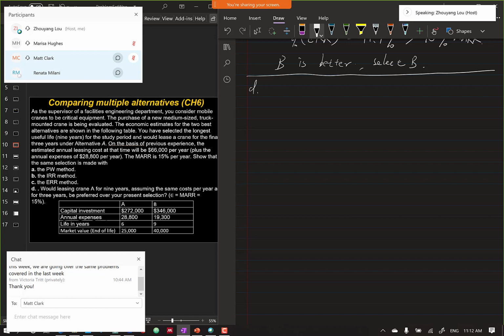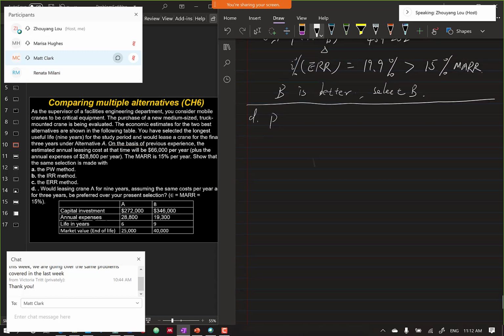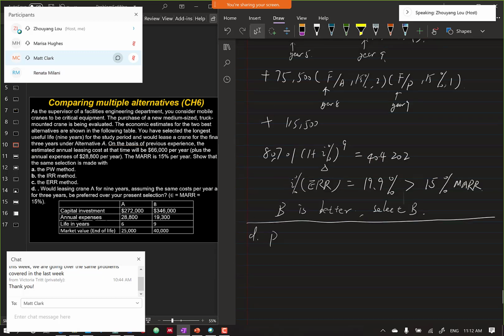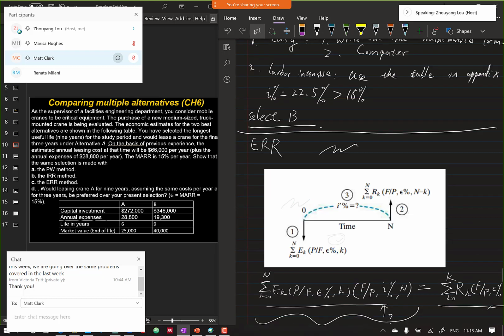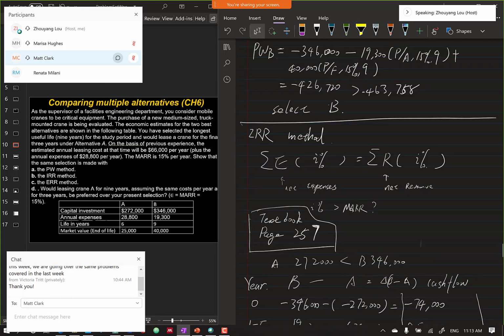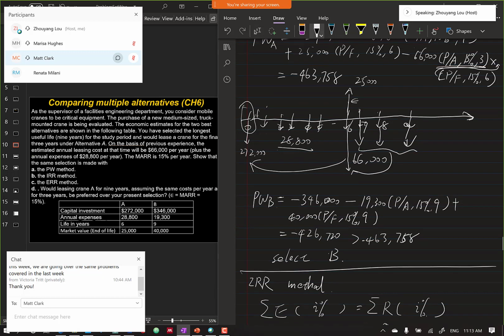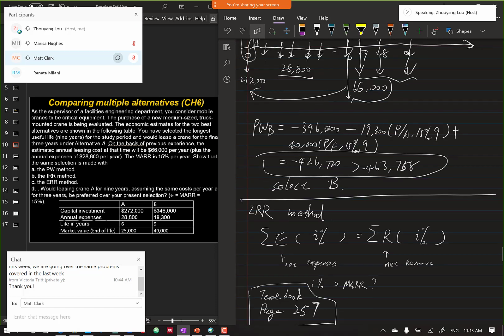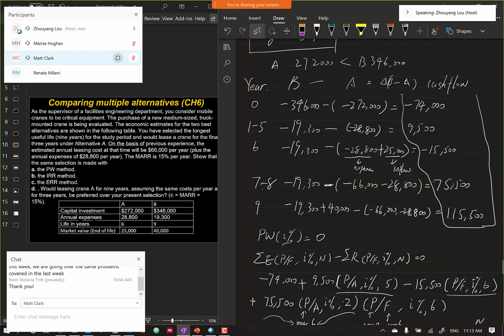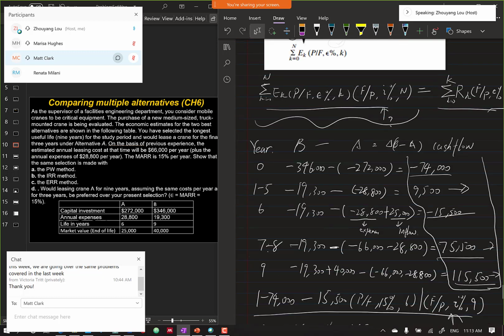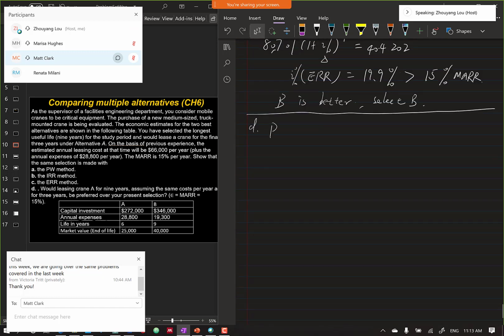So we are gonna use the information we already got from the problem A. So the present worth for A and B we already have here, and so we want to just use the present worth method to do this problem, so that we can make comparisons fairly easy.